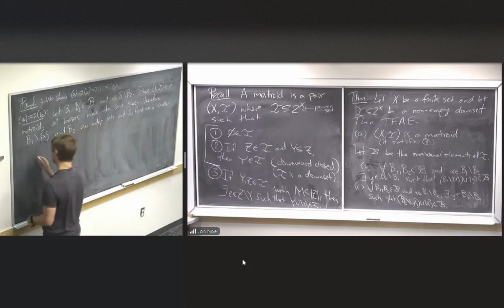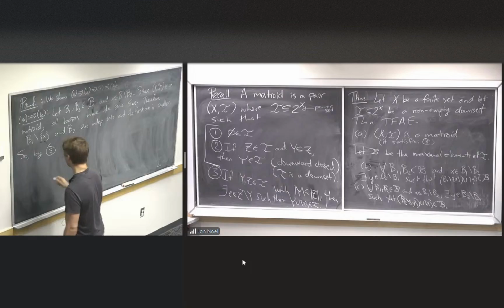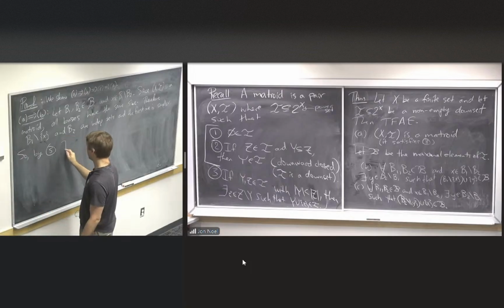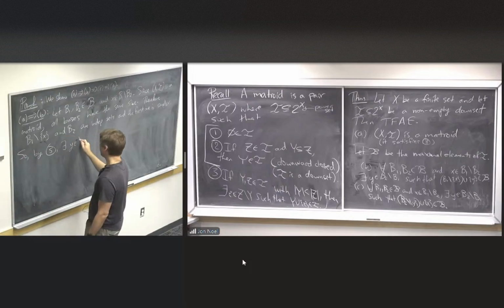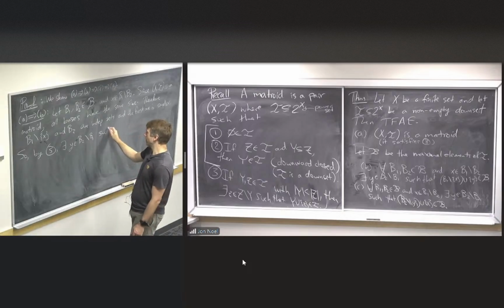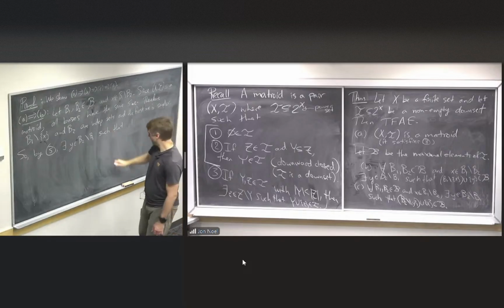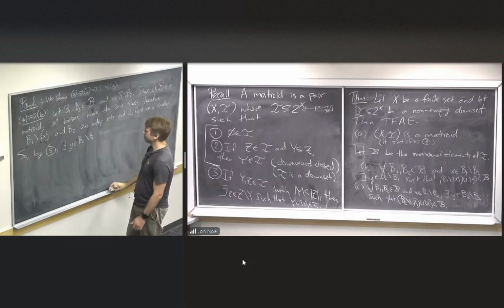So by the third condition in the Matroid definition, there exists y in B2 minus B1 such that, in fact, I can make it even more precise.